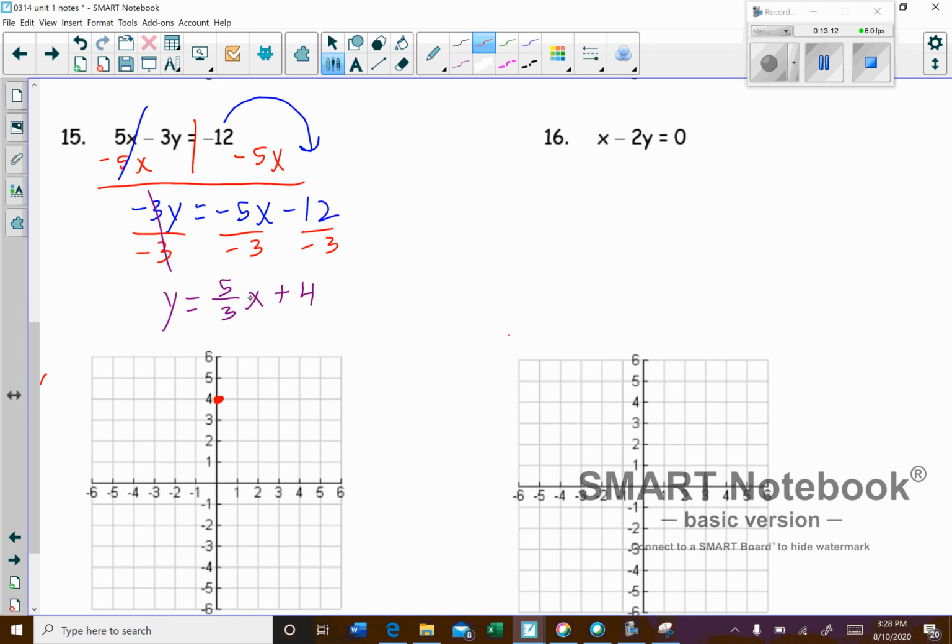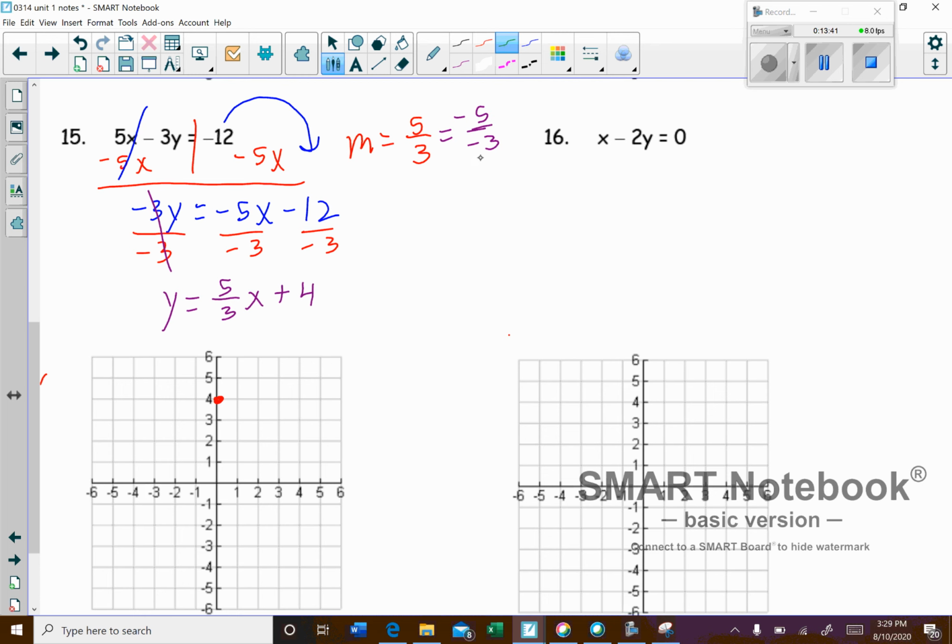So let me show you a little trick here. So my slope, and when you're doing your homework, this shouldn't be a problem. The graphs are going to be bigger, okay? So what I'm going to do here, isn't 5 over 3 the same thing as -5 over -3? And we actually know that from when we simplified it. And you definitely do want to simplify it and make it positive. But it also could be written as -5 over -3. And so that's going to help me find my other point by dropping down 5 and going backwards 3.